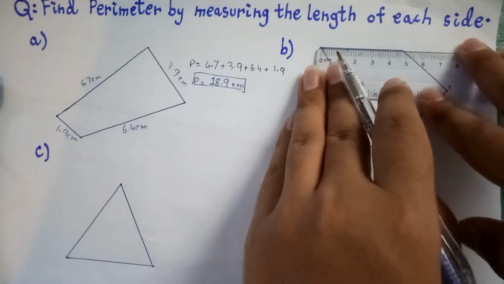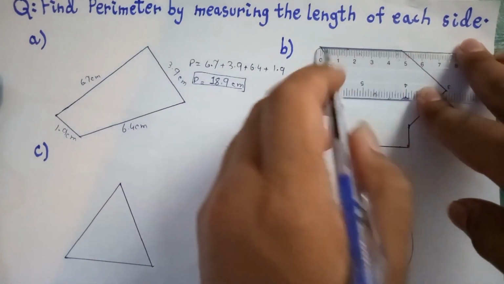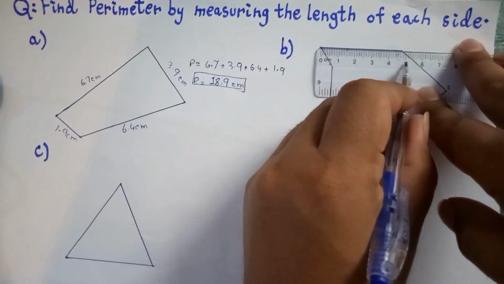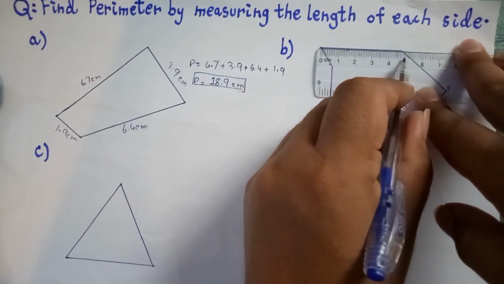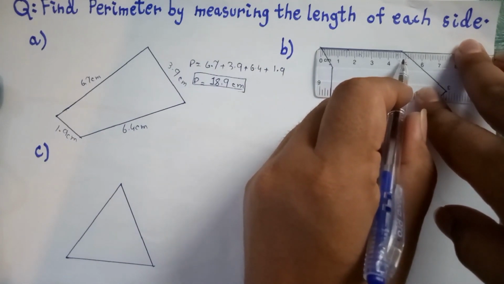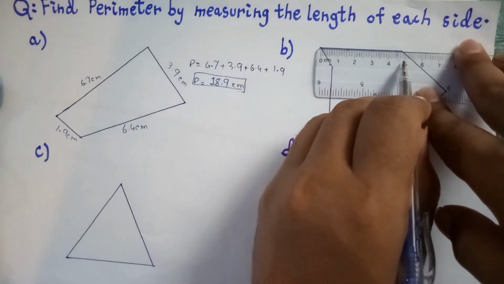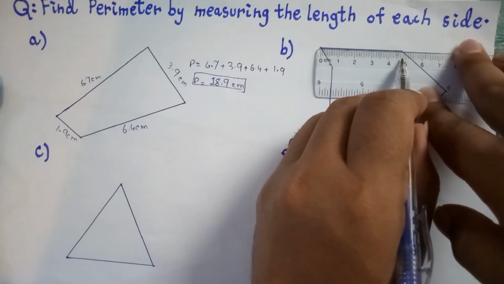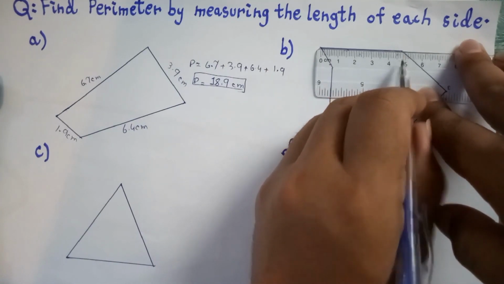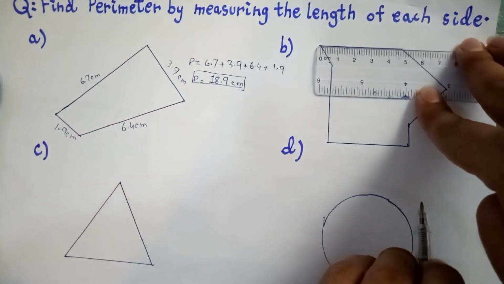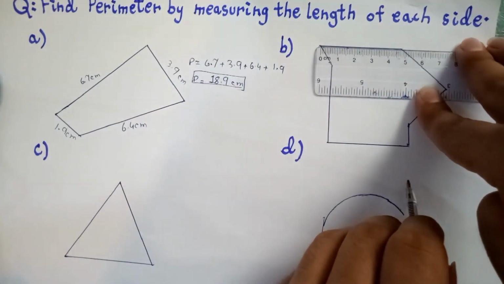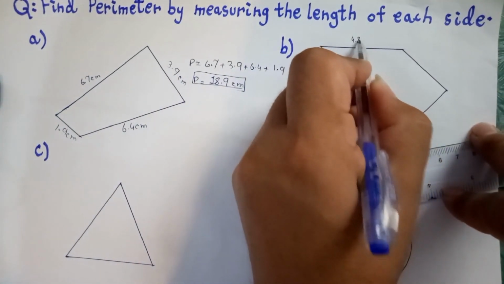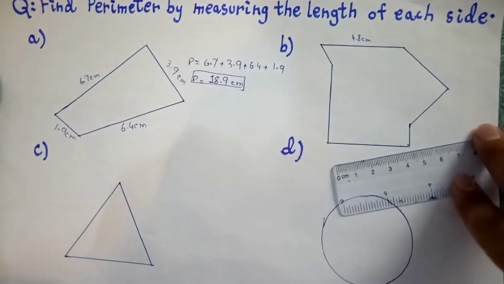Okay, so here I have put 0 here. So you can see this is 4 centimeters, this is 5 centimeters, and here 1 and 2. You can see 2 millimeters less than 5 centimeters. Okay, 1, 2. Clear? So 2 millimeters less than 5 centimeters, so it is actually 4.8 centimeters. Clear?